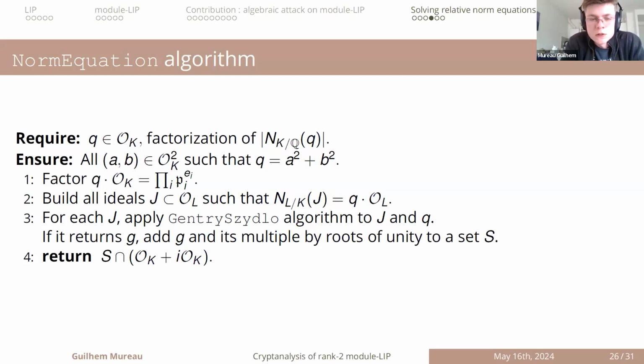We will add it to a set, but we will also add all its multiples by roots of unity, since they are also solutions to the norm equation. And finally, we will return only the elements of S which are also in OK plus I times OK, because we are interested in finding elements A and B in OK squared. We want only the coordinates in OK.